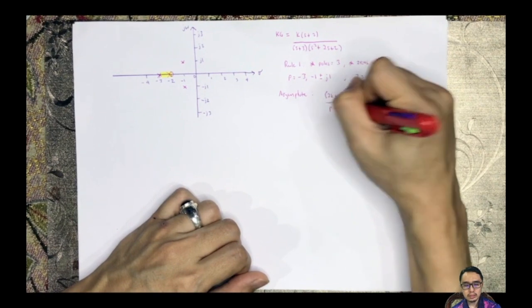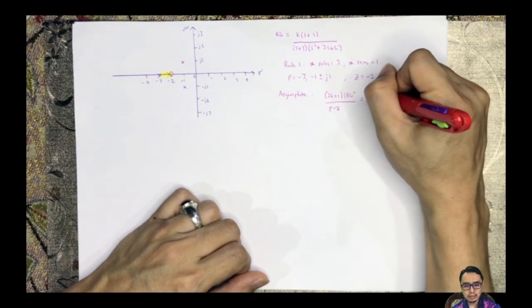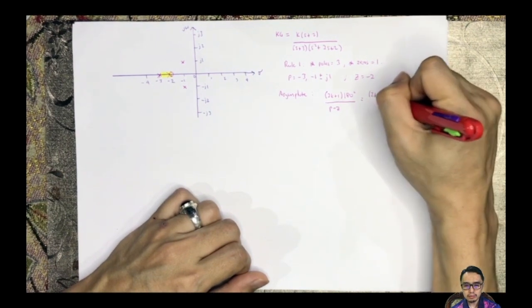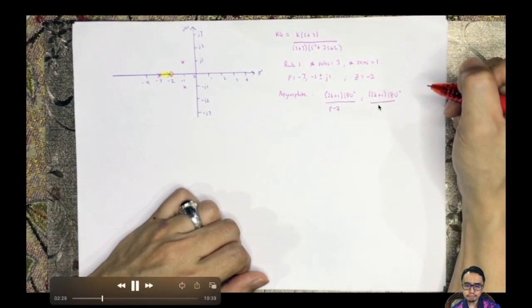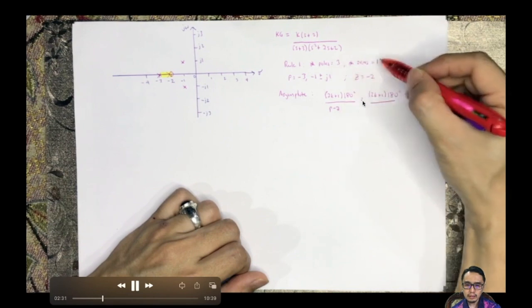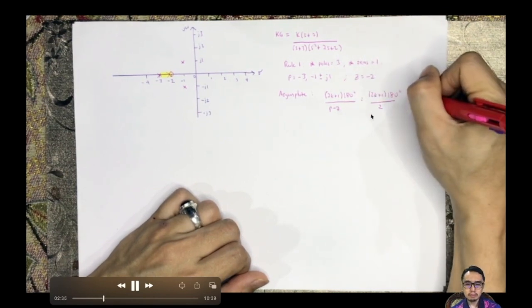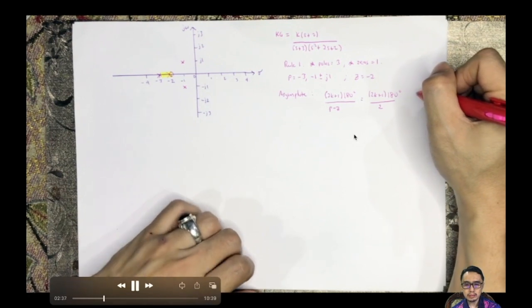Okay, so let's use the asymptote formula as we have discussed before, given here. 2k plus 1 times 180 degrees, over the number of poles minus the number of zeros.